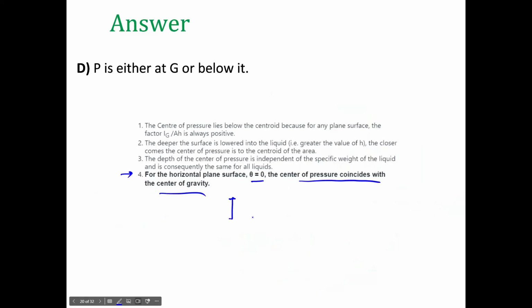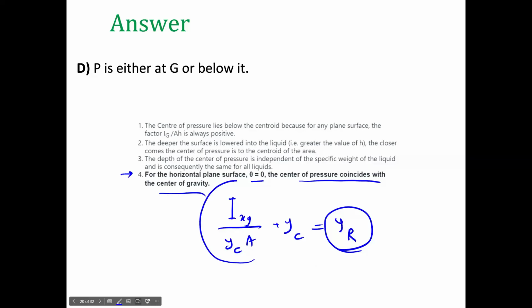Otherwise, based on this formula, IXG divided by YC area plus YC equals YR. YR is always bigger, because you should add this term to YC to make it equal. And here that's G, that's P here. So, in other words, center of pressure is always below the center of gravity.